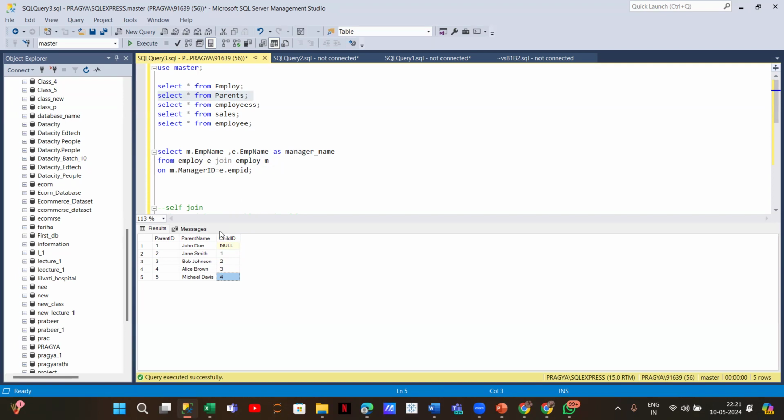Try to solve them again and again so that you can get good practice and you will get to know how this thing is working. So try this question, everyone.